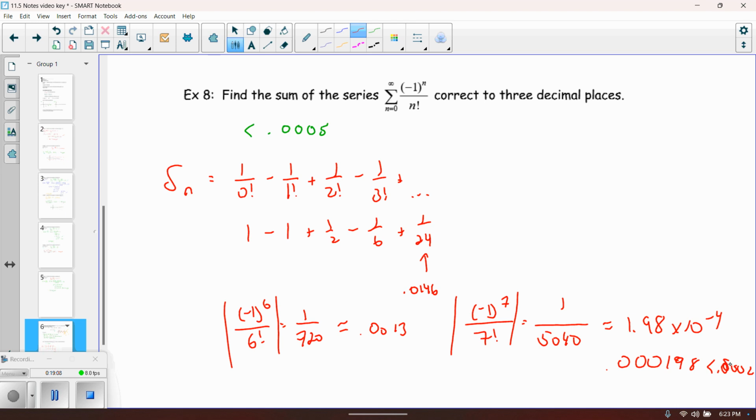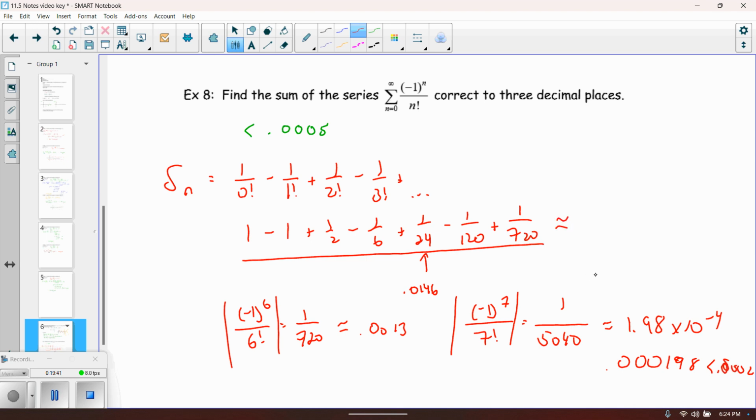That's going to be the first neglected term, which says, since I've plugged in 7 there, that the sum accurate to the correct decimal place would actually be the sum of the first 6 terms. So I was actually pretty close here. We should have done minus 1 over 5 factorial, which is 1 over 120, and then plus 1 over 6 factorial, 1 over 720. So whatever these things right here add up to be, that is our sum, which I believe in this one I've already done in the past.